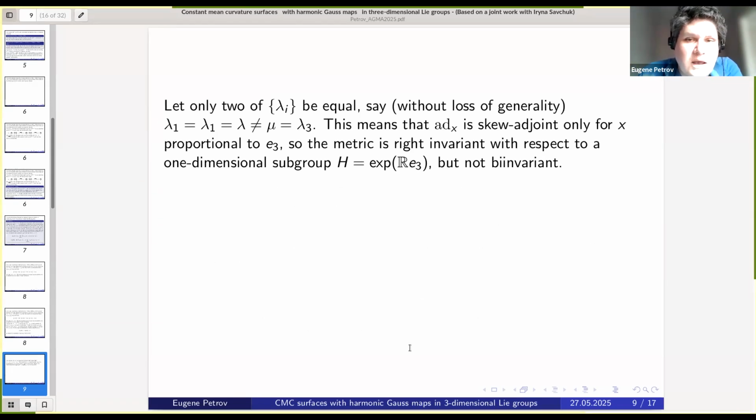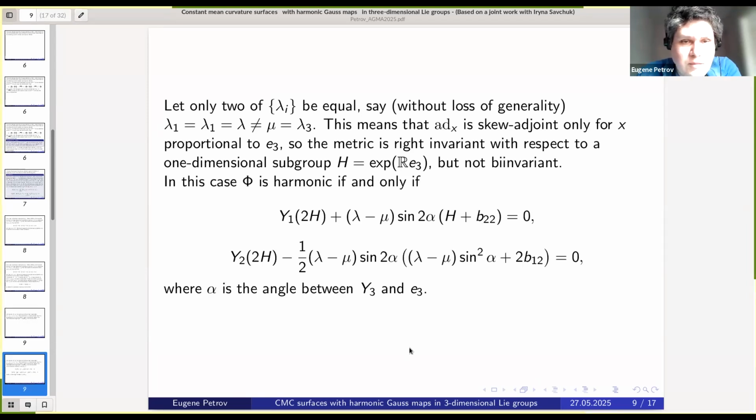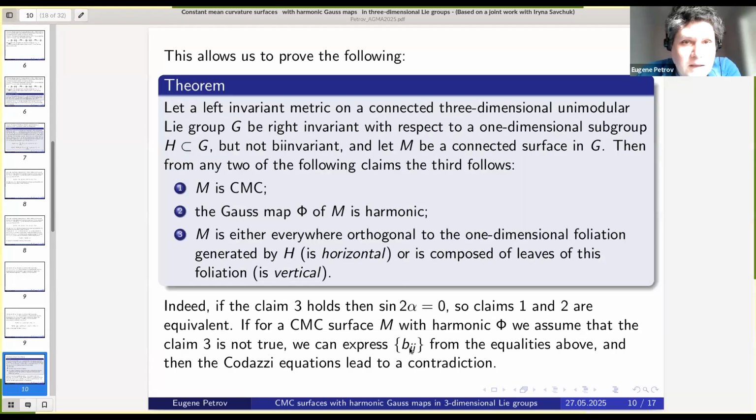So the metric is right invariant with respect to a one-dimensional subgroup, not with respect to the whole Lie group, but for the corresponding one-dimensional subgroup. And then the formulas become like this. Here we have alpha, the angle between the normal vector at the point and the vector E3.